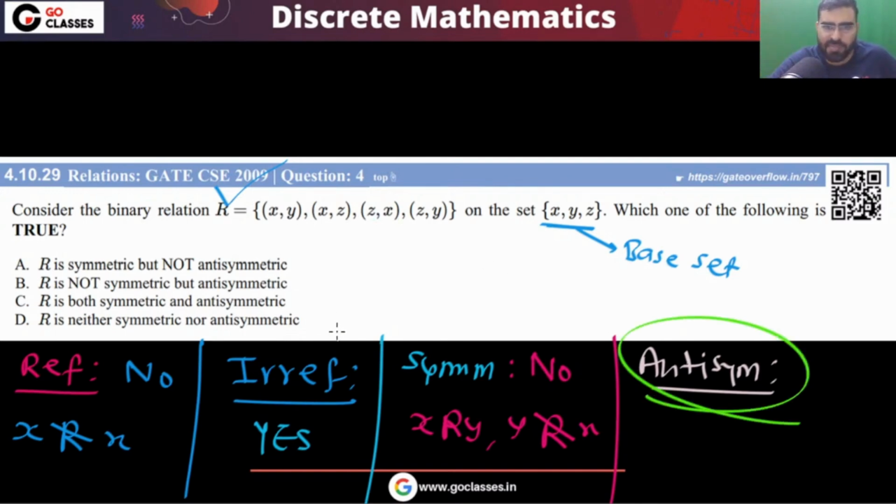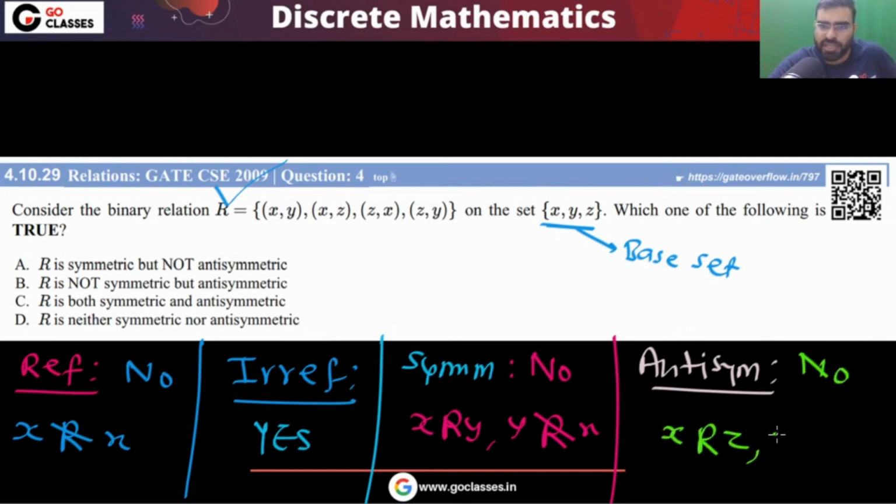So you can see that X is related to Z and Z is related to X, so antisymmetric is also violated.